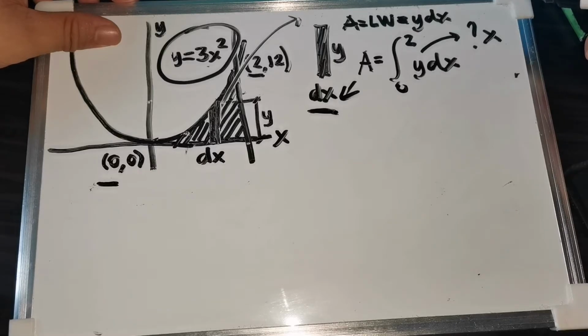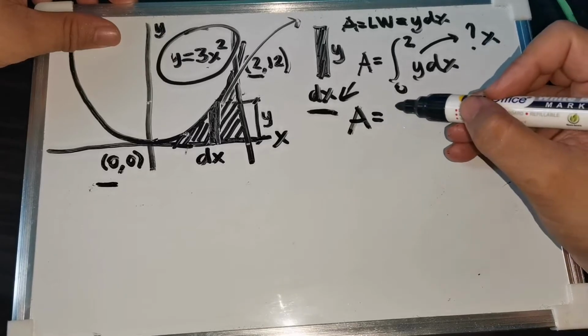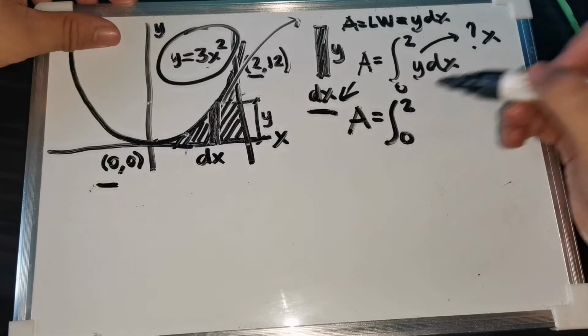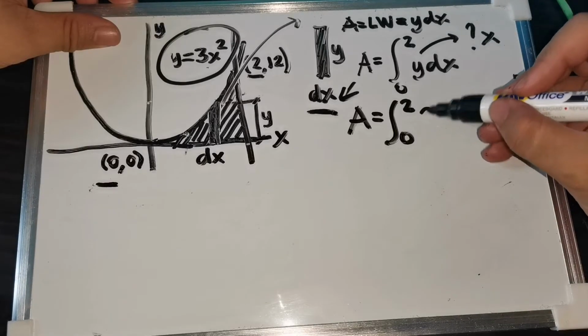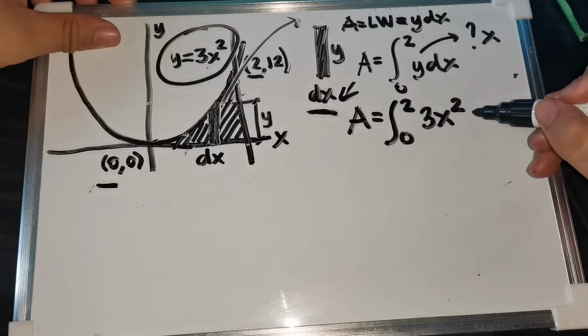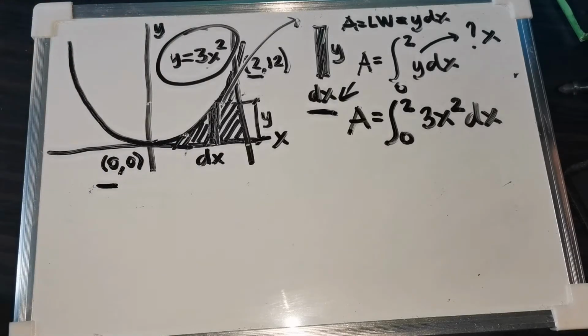So we simply substitute these values of y in terms of x into our equation. We can rewrite this: our area is now equal to the integral from 0 to 2 of 3x squared dx.